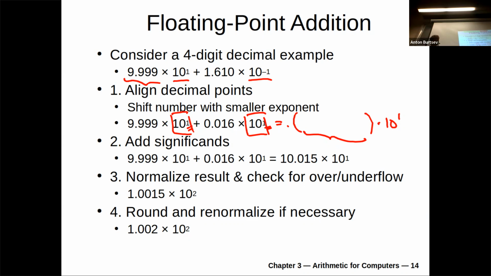I'm using decimal numbers just because it's easier for us as humans. The moment we switch to binary, it's just another order of complexity. When you have a number like this, it's natural to us. We understand that this is 10, this is 100, and this is 1,000, but with binary it quickly becomes tricky.